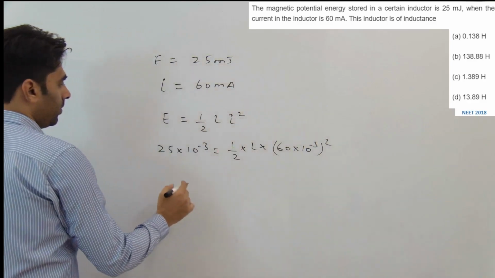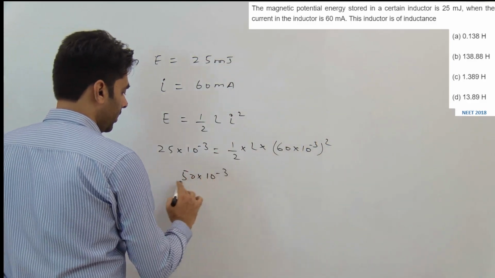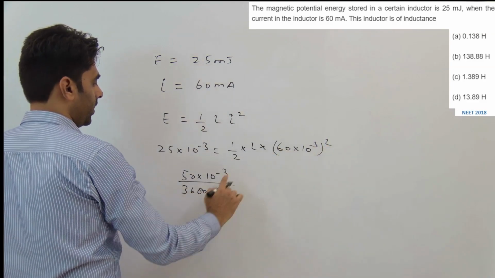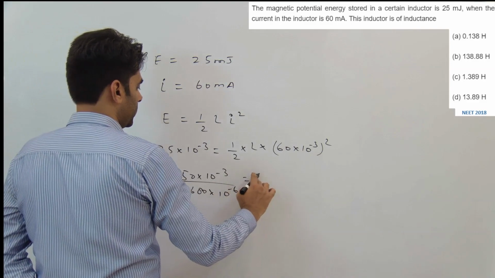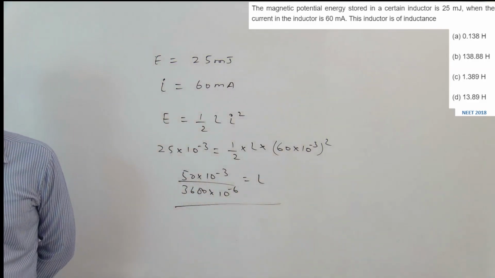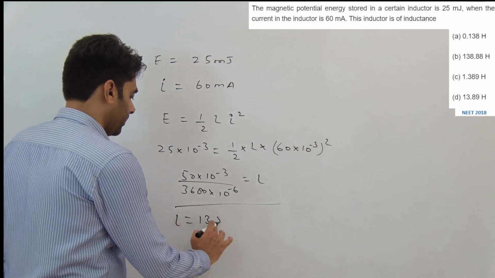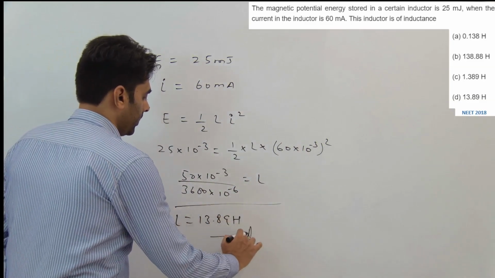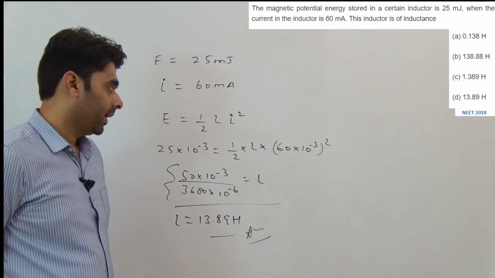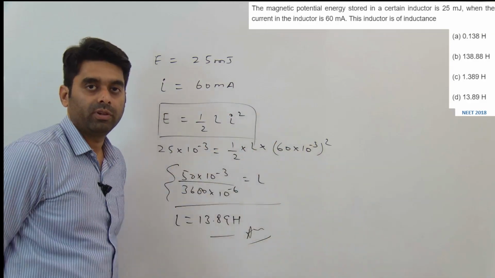Right, we can solve it. 25 into 2 is 50, so 50 into 10 power minus 3 divided by 60 square, 3600 into 10 power minus 6. Solve this value, right? L value will come out to be 13.89 Henry. When we simplify this, our answer will come out to be 13.89 Henry, right? This is our relation for energy. Let's move ahead.